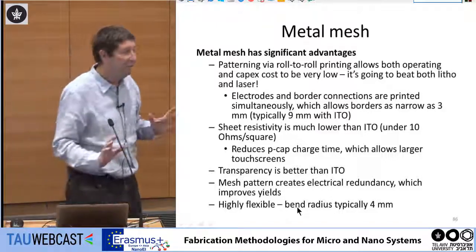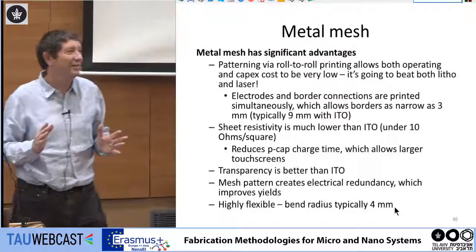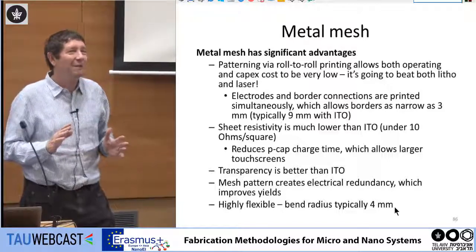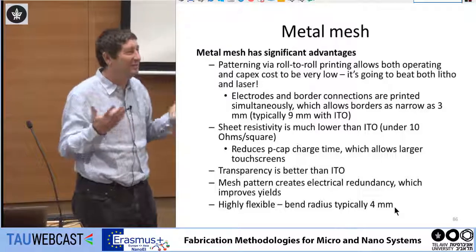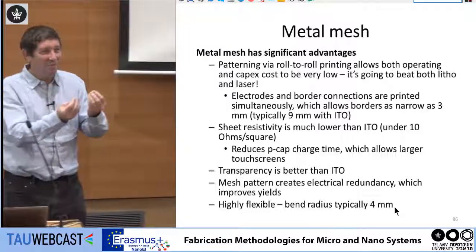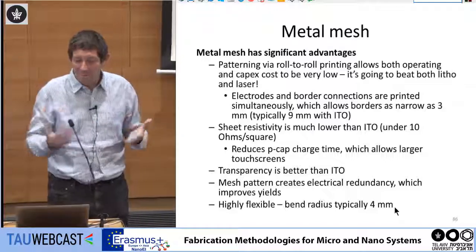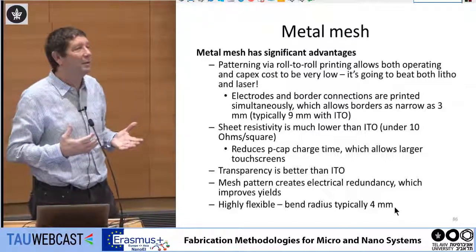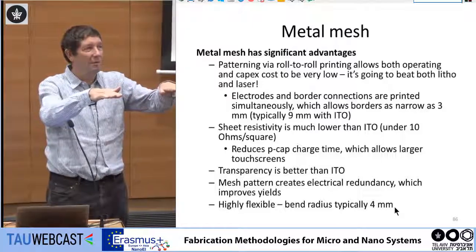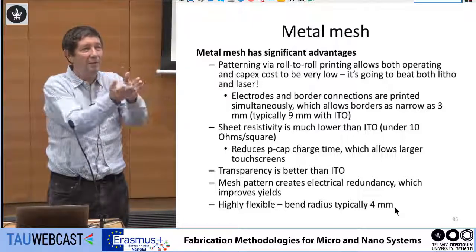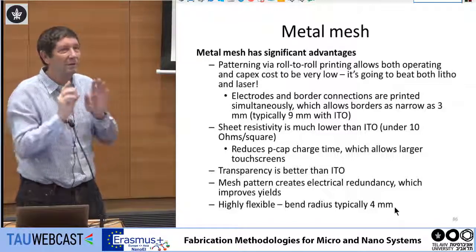Now let me tell you, how do you measure flexibility? There are a few measures. People say flexible, something I can bend. But can you give something more tangible? One way, people say, I can bend to a radius of 4 millimeter, which means I can deposit this mesh on a polymer and bend it to a circle whose diameter is 4 millimeter, and everything works well.